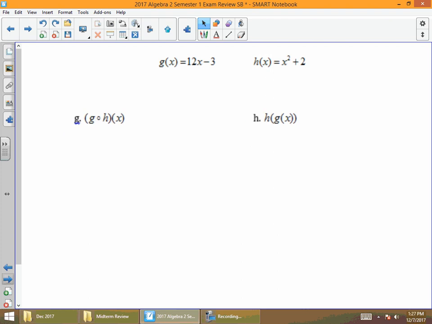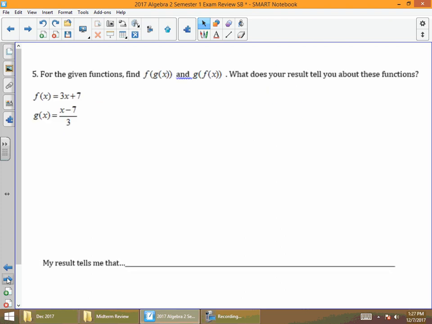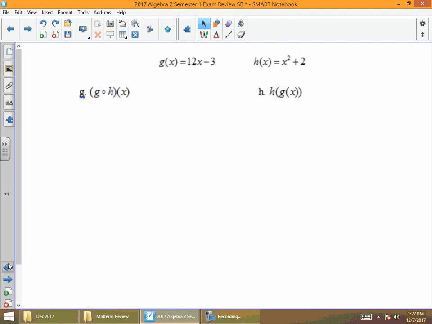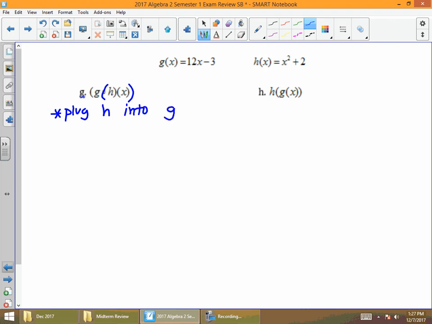The last parts of this question deal with composition, but notice there's no number there. So this is where you're taking the entire other function and plugging it in. So essentially what we're doing here, we're going to plug h into g. So we're taking all of h and we're plugging it into g.